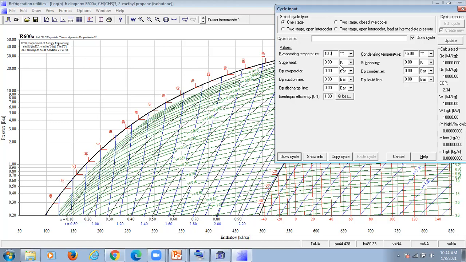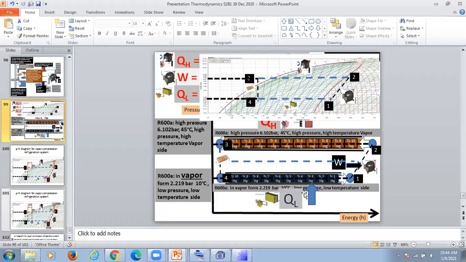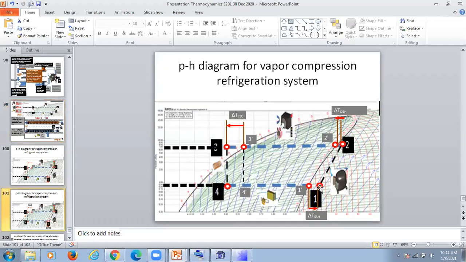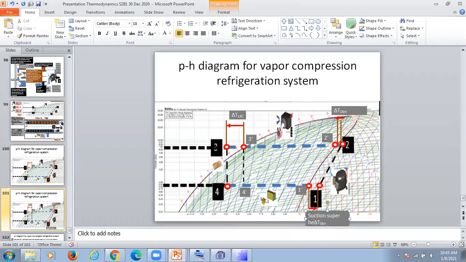Now at the evaporator, you have the superheat. What does superheat mean? Here, between 1 dash and 1 there is a temperature rise, that is delta T. I put here suction superheat, delta T SH.